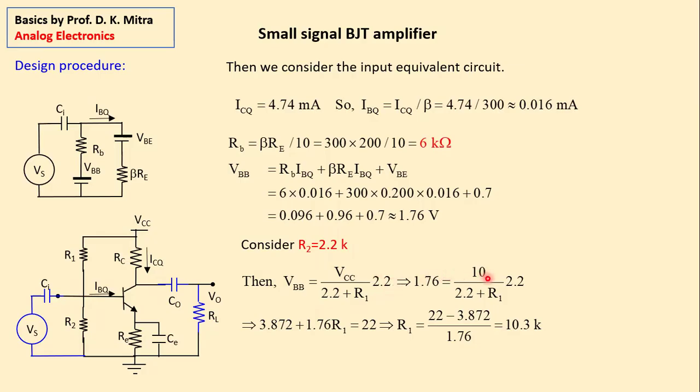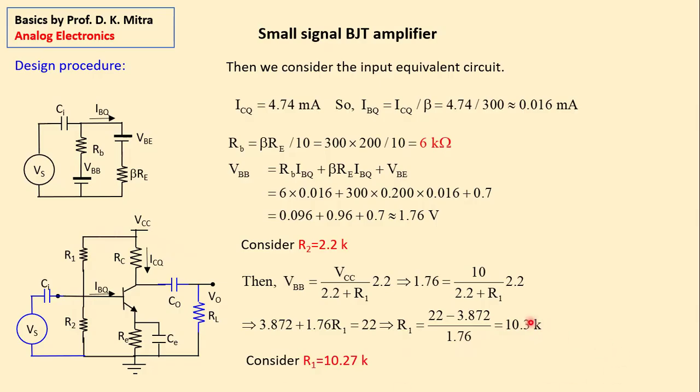If you calculate this, R1 becomes 10.3K. So in this line you have 2.2 and 10.3, both together becoming around 13K. So current flowing through this line will be less than 1 milliamp, and that is good.